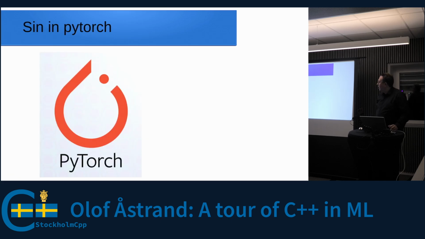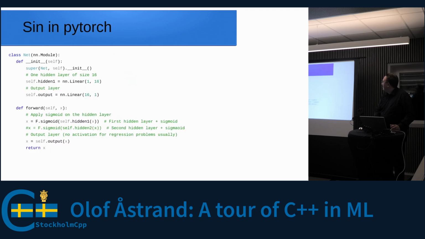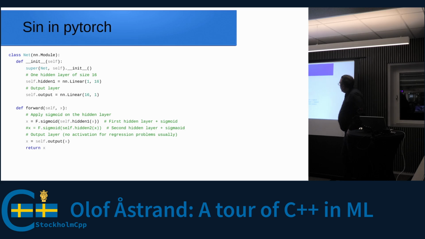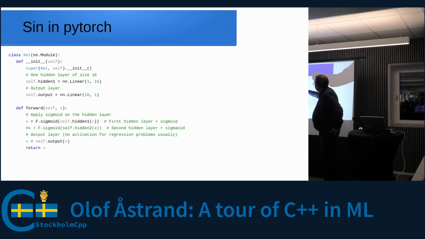Okay, so now we've done it in C++, we will see how you do it in PyTorch. PyTorch is made by Meta, Facebook. They've made this framework for machine learning, compared to TensorFlow, which is made by Google. This is how you define the network in PyTorch.